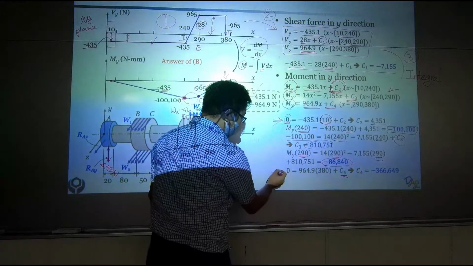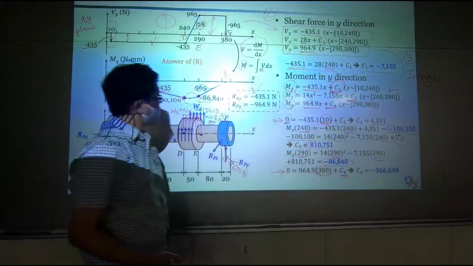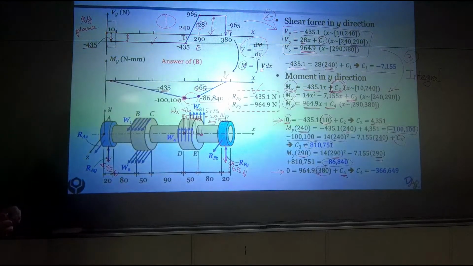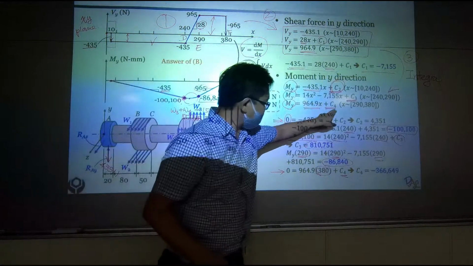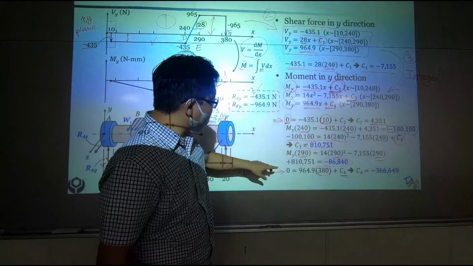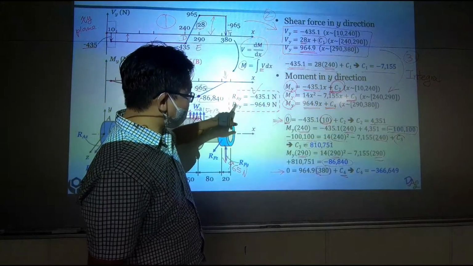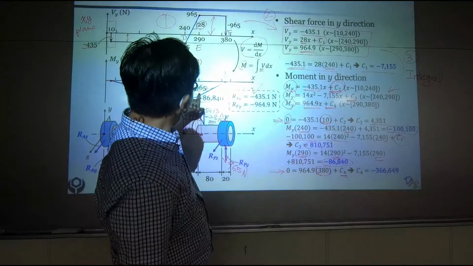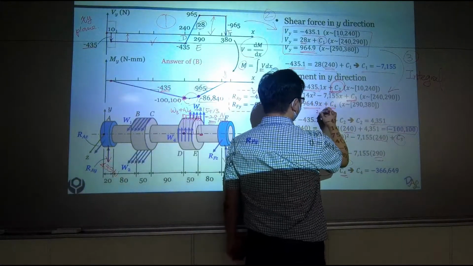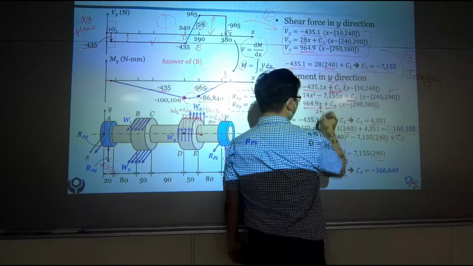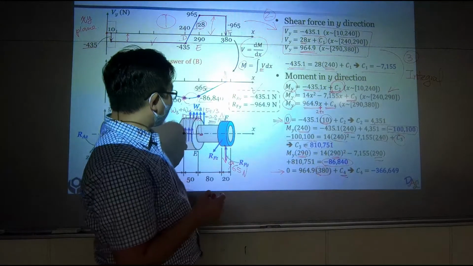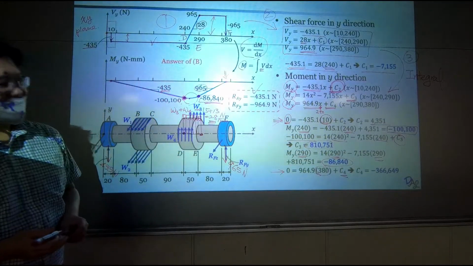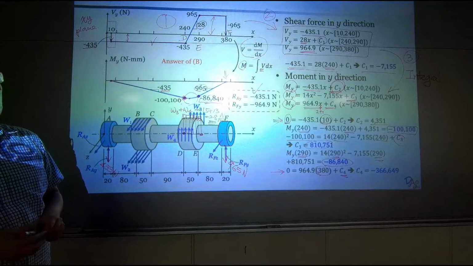So I was using the position of 380 to get the last coefficient. Of course, you can try to use the last equation and position 290, plug in here to verify if the moment is truly this number, but I didn't do it. You can do it. It should be right.